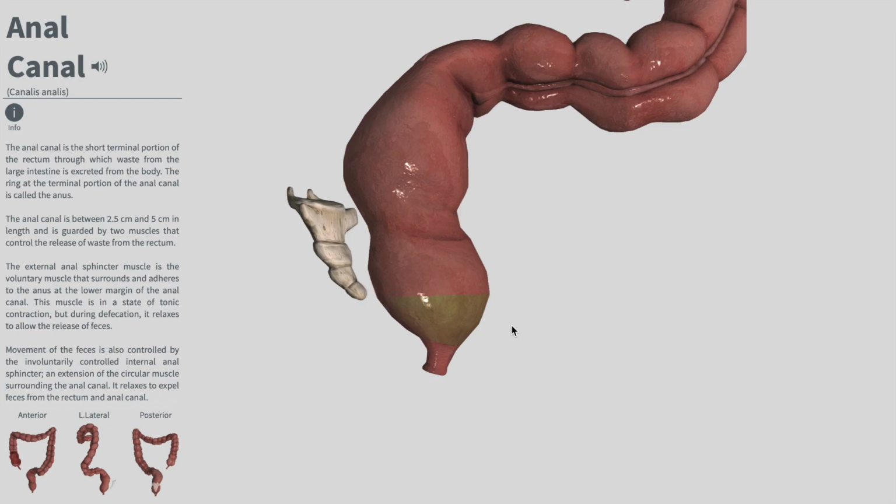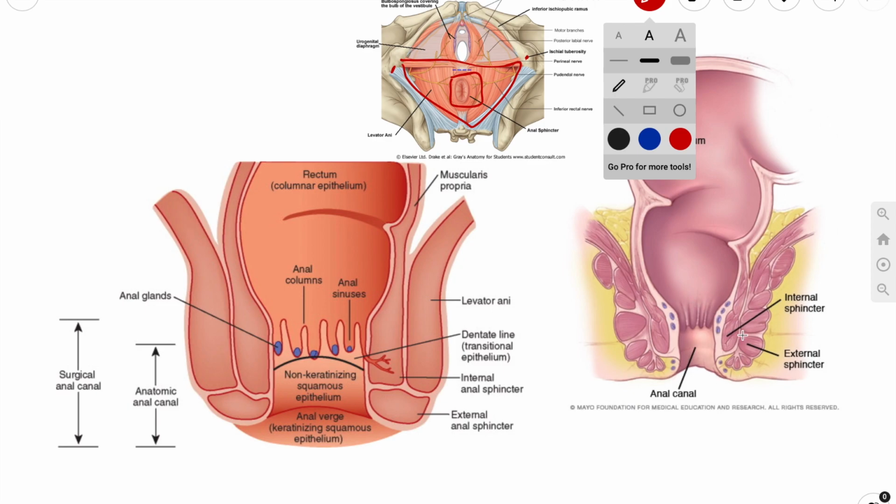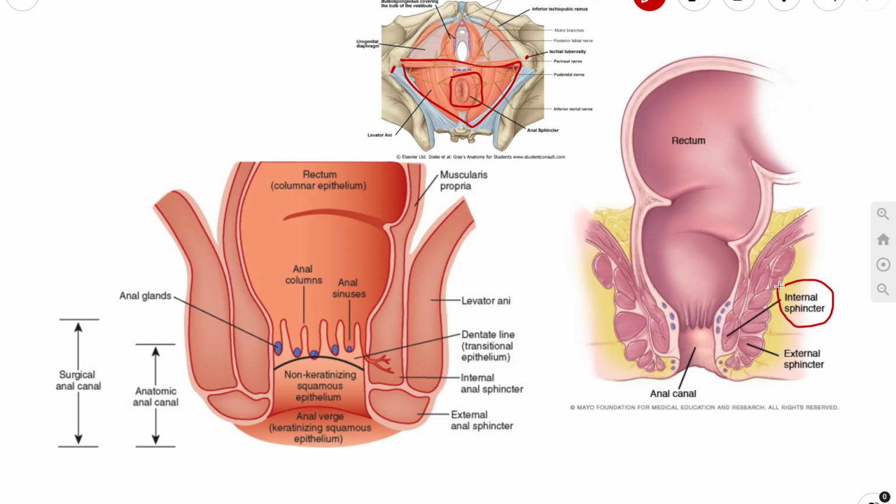You can see in this diagram that the first one is your internal sphincter right down there, on the internal side, and the second one is your external sphincter right down there. They control the fecal material moving out, and when the fecal material is moving out, they relax.